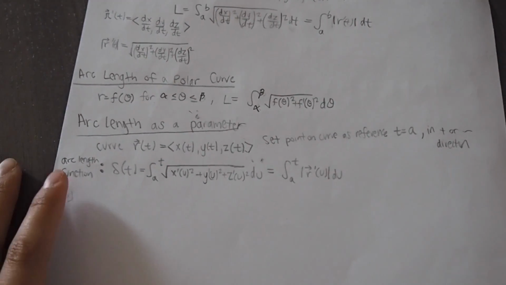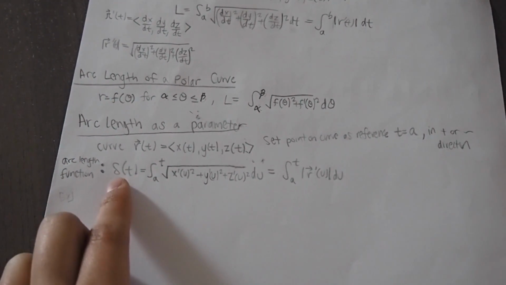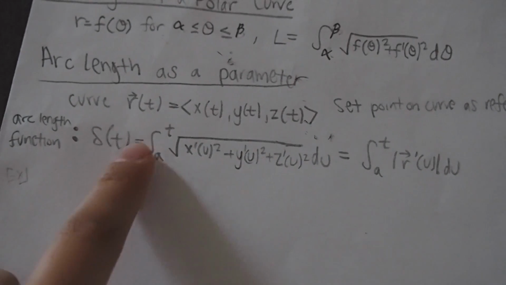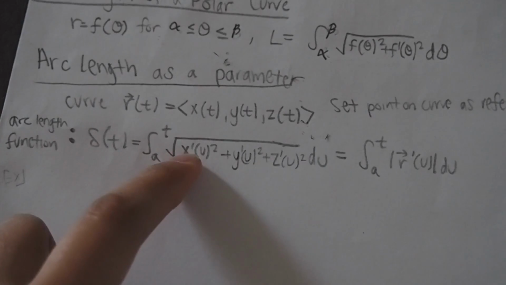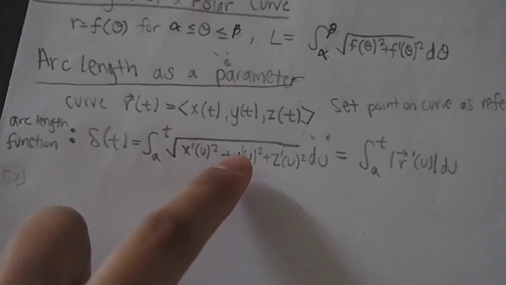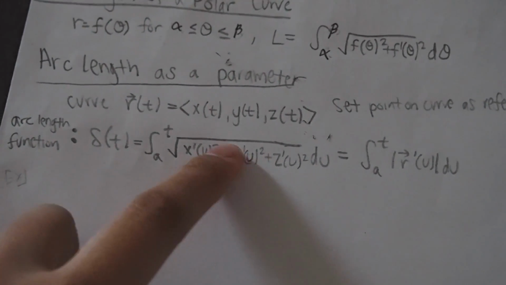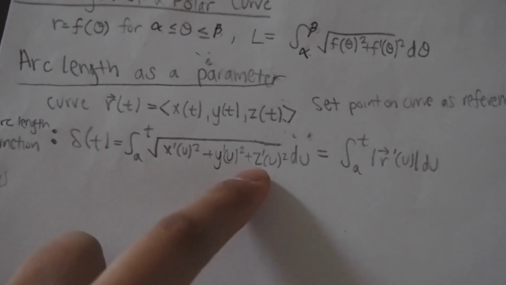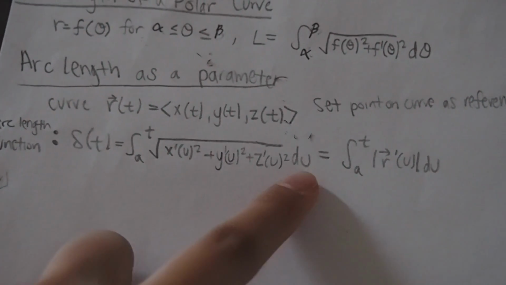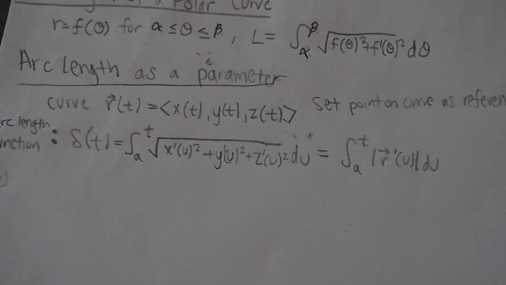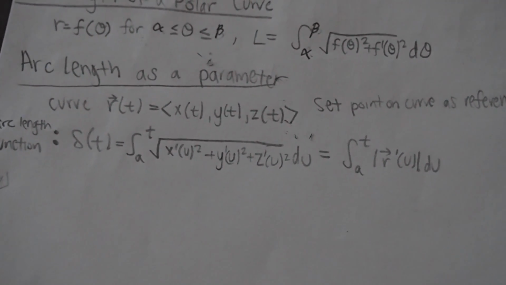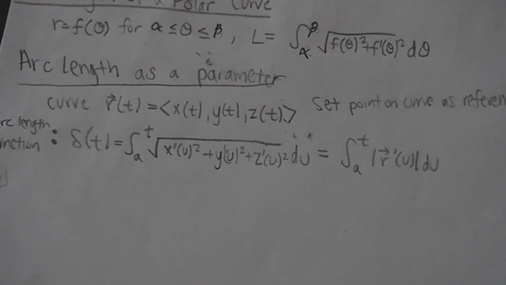We find that the arc length function s(t) equals the definite integral of the square root of the derivative of x of u squared plus the derivative of y of u squared plus the derivative of z of u squared, with respect to u from a to t. Using arc length as a parameter can be very helpful when trying to calculate the curvature.